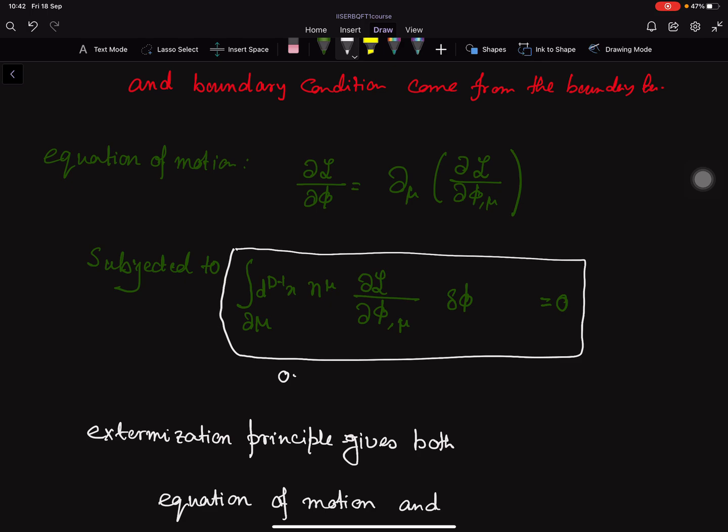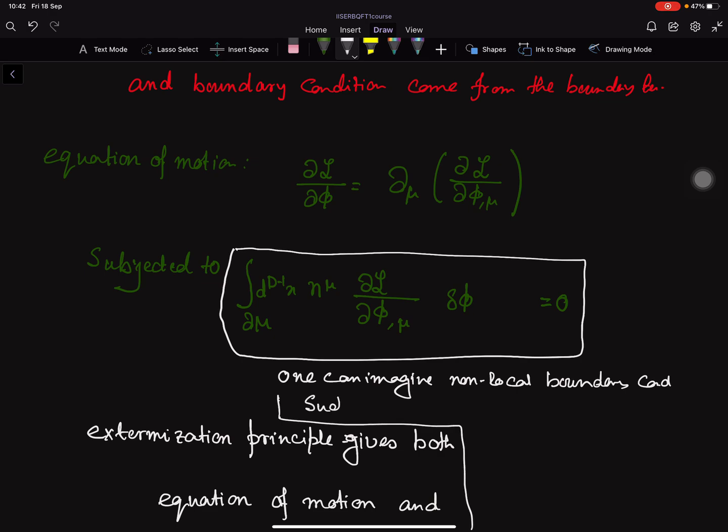So one can imagine non-local boundary conditions, such that even if the integrand is not 0, the integral is 0.